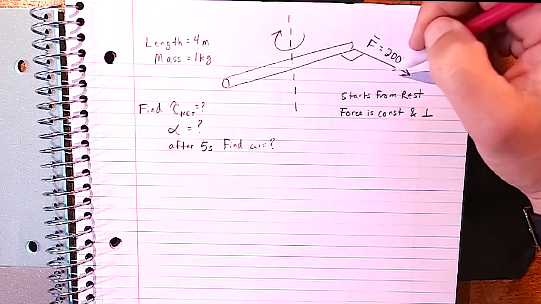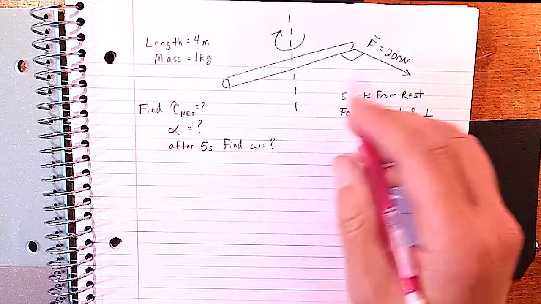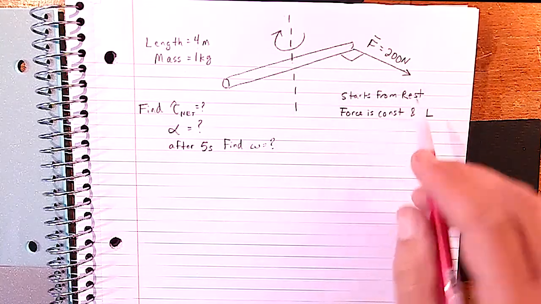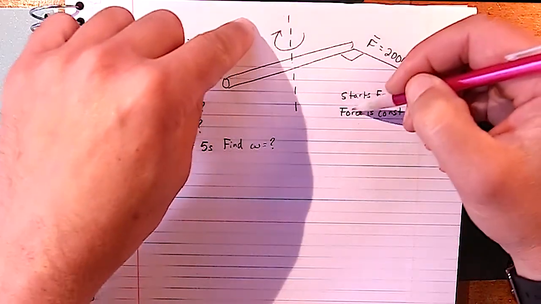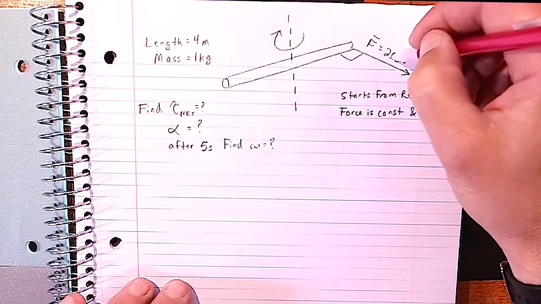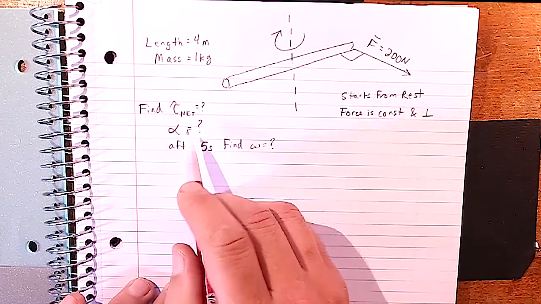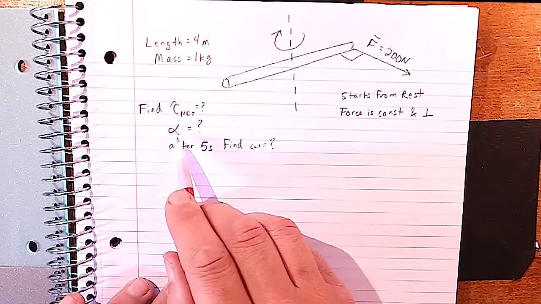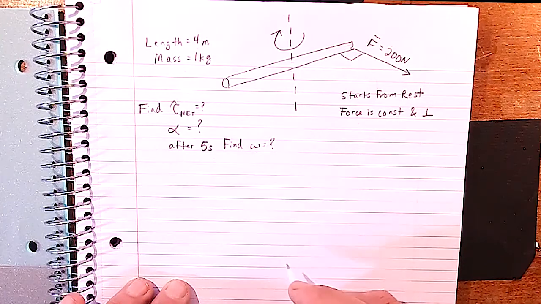So that's R cross F, and it's starting from rest, so it wasn't moving initially, and this force is constant, but it's also perpendicular. So as this rotates, the force turns with it. So this force is constantly angularly accelerating the rod. And the question is, what's the net torque? What's alpha? And after 5 seconds, what's its angular velocity?